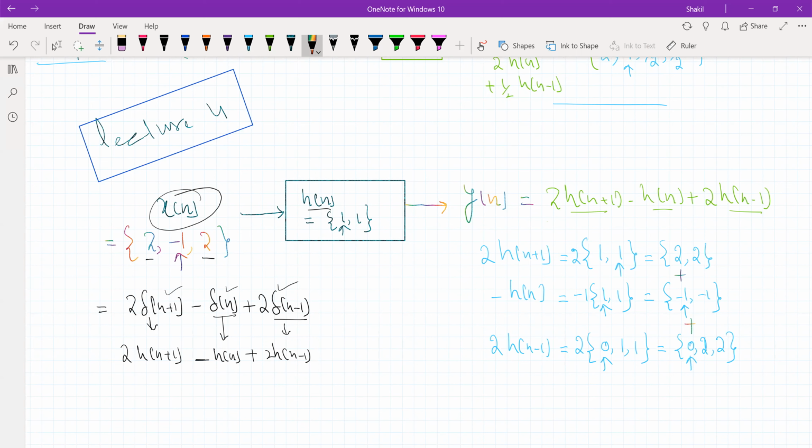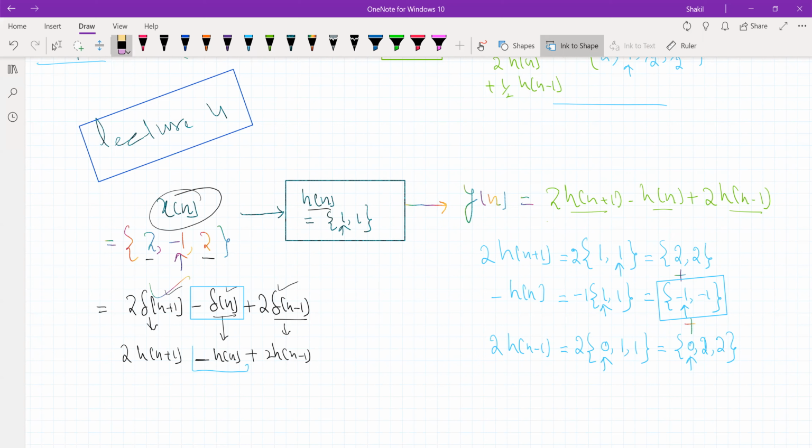So this is the response. This is the response of the system when the input is this. Same way, this is the response of the system when the input is minus delta n here.